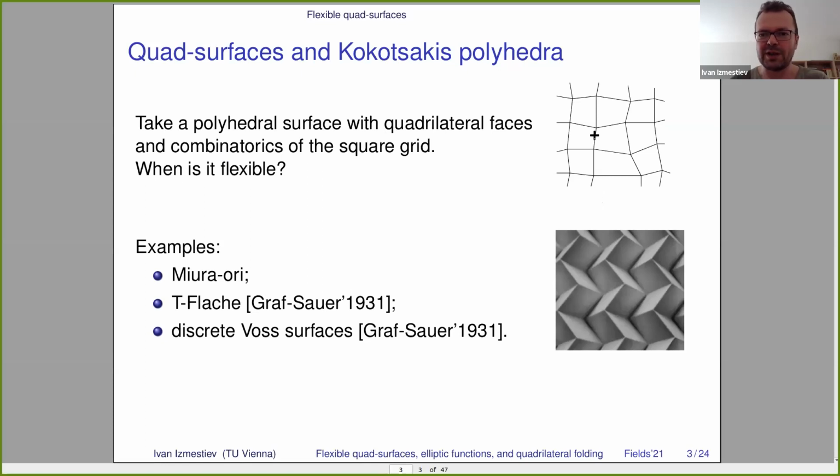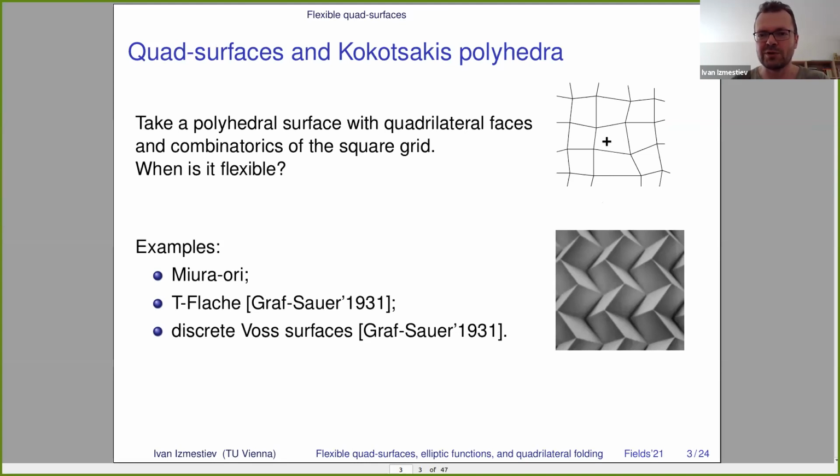What I'm looking at is a polyhedral surface which is made out of quadrilaterals that are connected by hinges, and the surface has the combinatorics of the square grid, like in the upper right corner here.